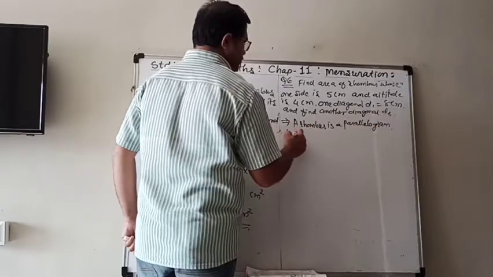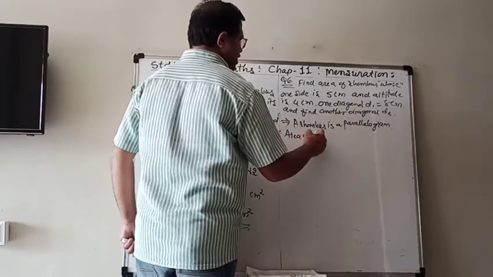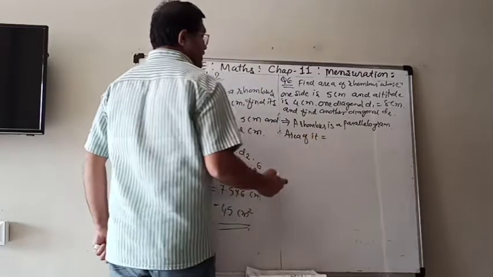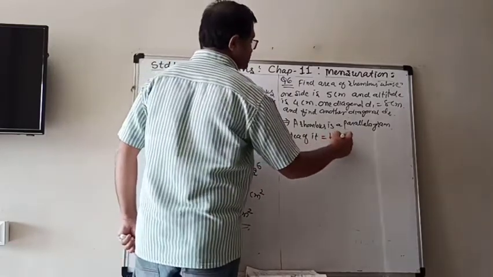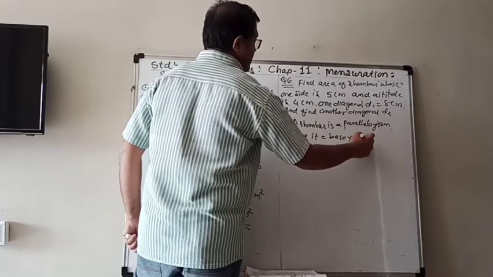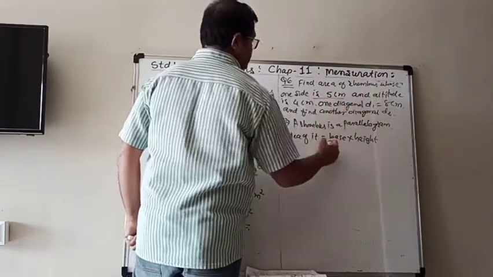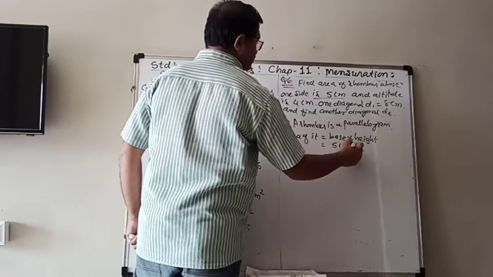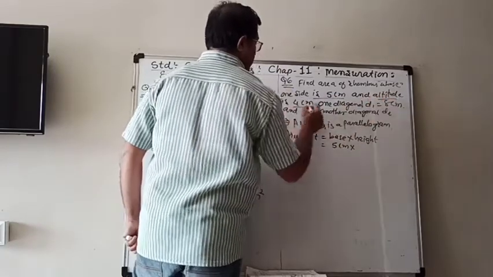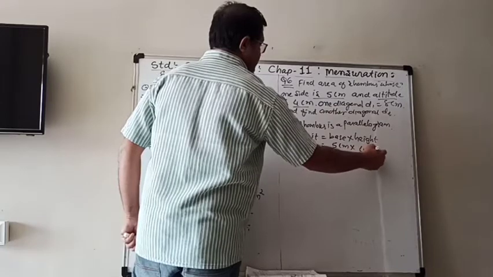Therefore area is equal to base multiplied by height, and we are given the side, it is the base, means 5 centimeter, and altitude, that is height, is 4 centimeter.